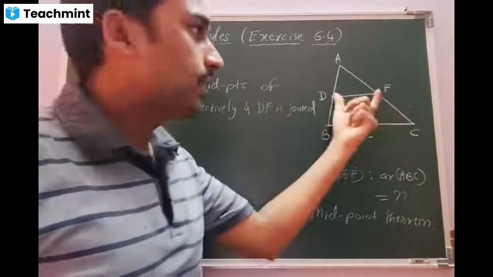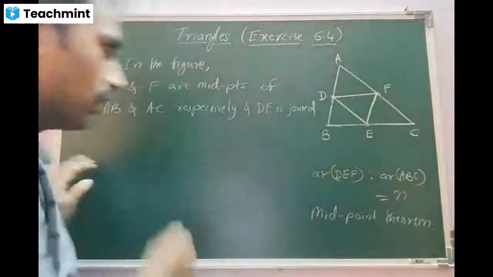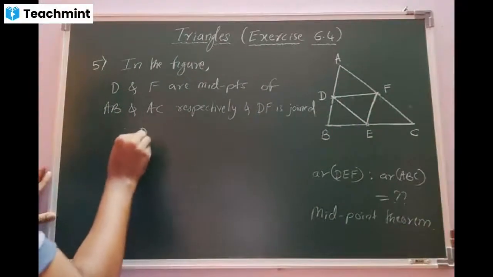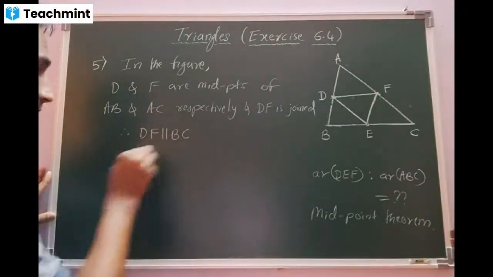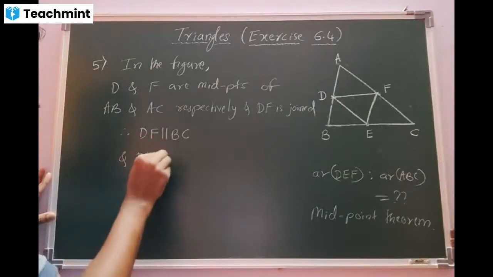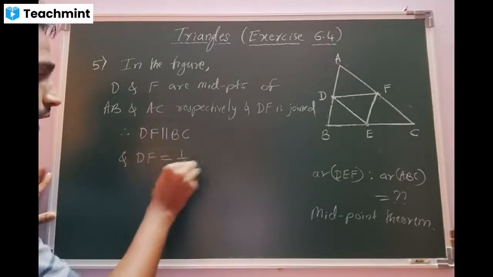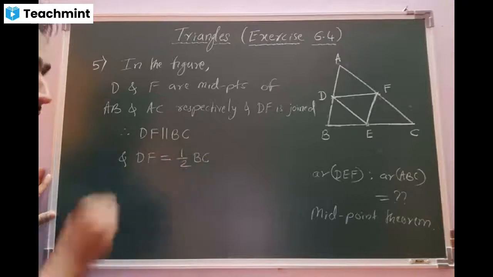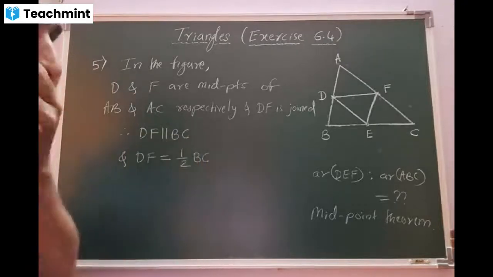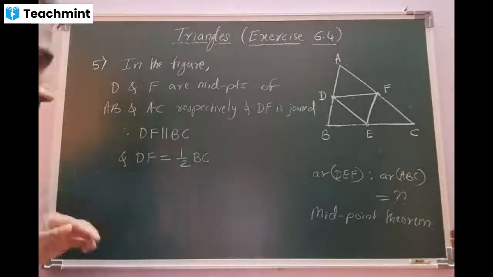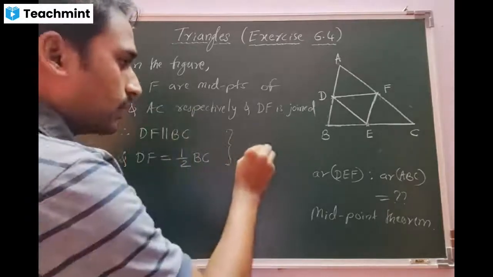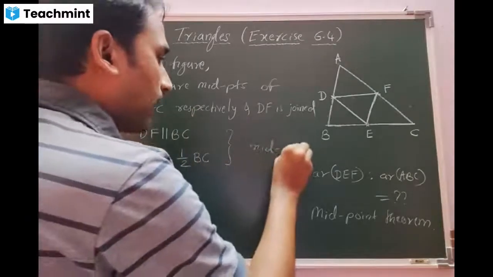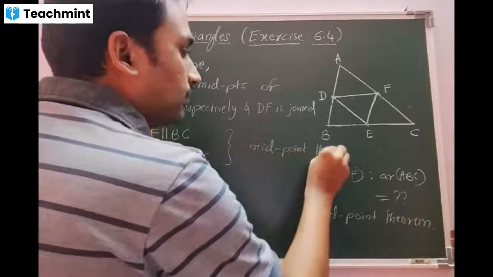These are the midpoints and DF is joined. Therefore, DF is parallel to BC and DF is equal to half of BC. Am I right? Yes, sir. Okay. For both, the reason is the midpoint theorem. Am I right, beta? Yes, sir.